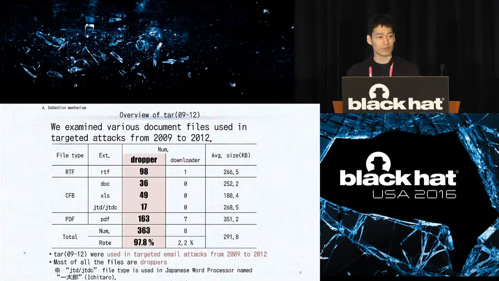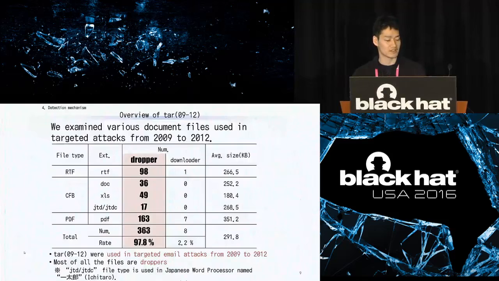I obtained various malicious document files from Japanese organizations. These samples were actually used in the targeted email attacks. The breakdown of the obtained samples is shown in this slide. Among the listed file types, you may not be familiar with JTD file.